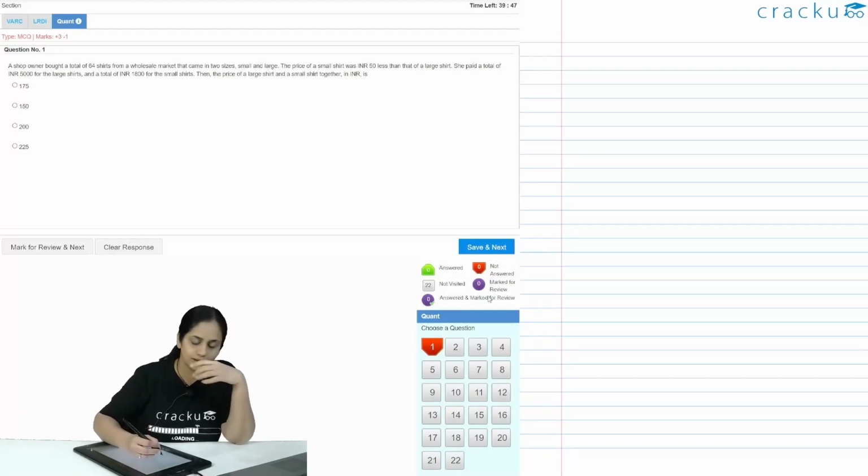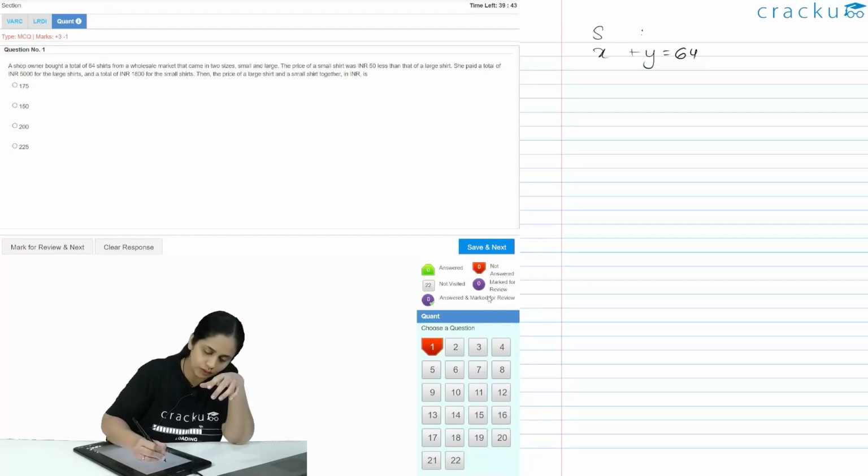Okay. So x plus y is equal to 64. X is the small one, this is the large one. So p and p plus 50. So this is say p, this is p plus 50.